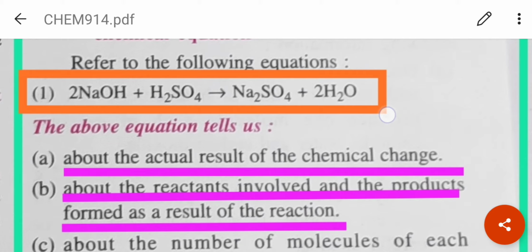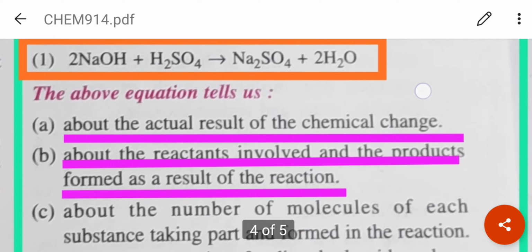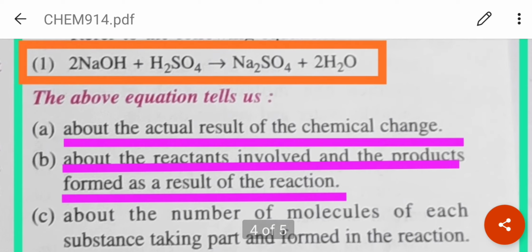Or in words, sodium hydroxide reacts with sulfuric acid to give sodium sulfate and water. Now, what does the above equation tell us? It tells us about the actual result of the chemical change. What is the result? We get sodium sulfate in solution.